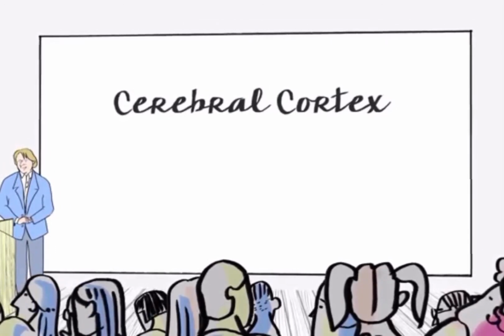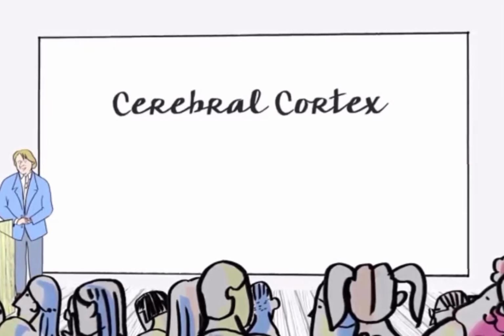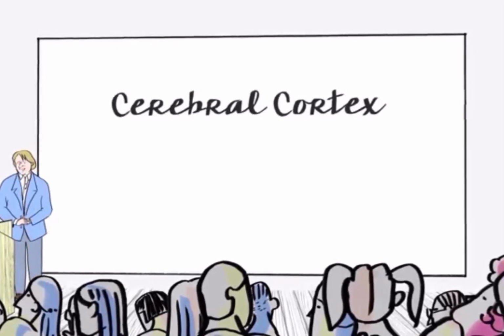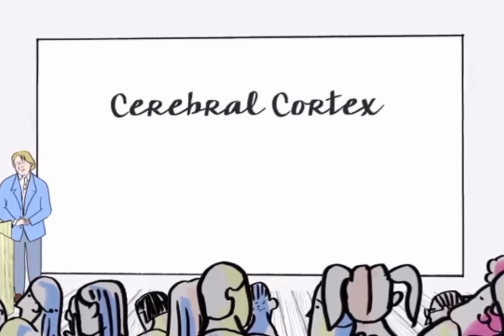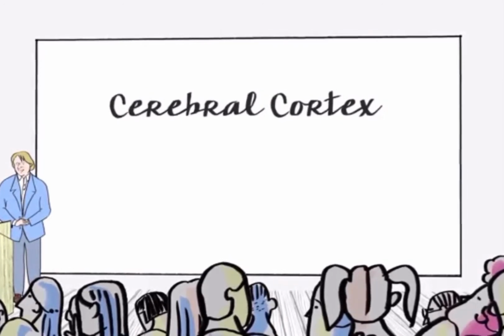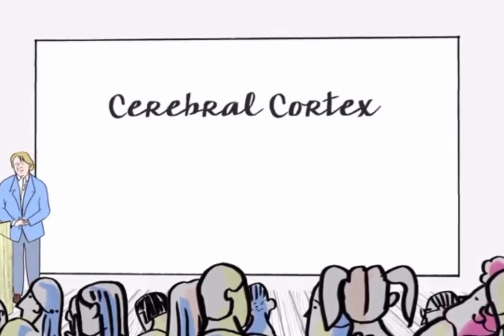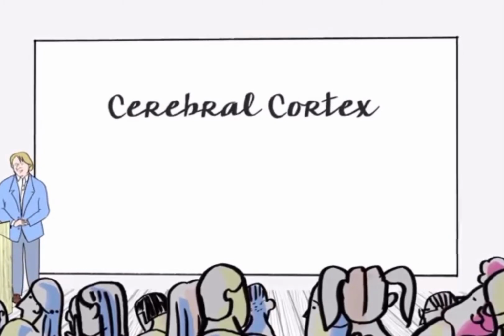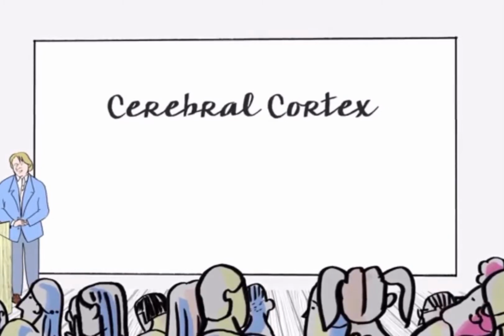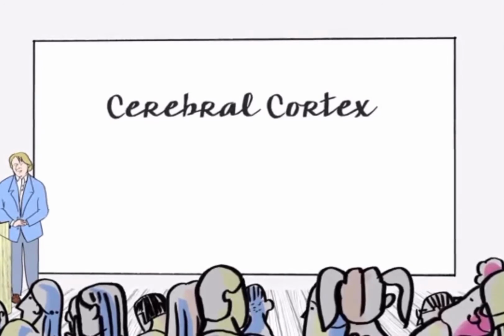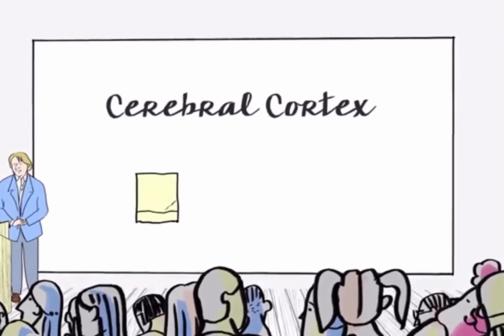Another thing about the cortex which is super interesting is that it includes maps. What I mean is that things close together in the brain are similar to things close together in the body. So if you stimulate part of the brain, the body will react accordingly.